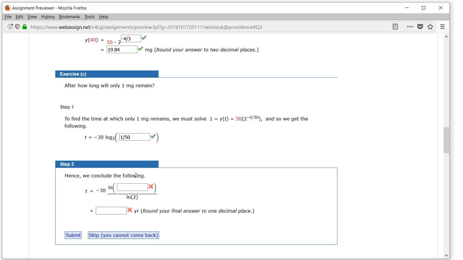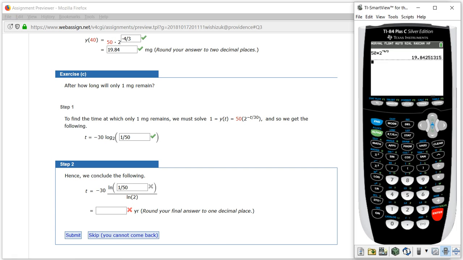In step 2, we just have to compute this. Actually, we're going back to natural log, 1 over 50, and then you have the natural log of 2 on the bottom. I'm going to bring out a calculator here and compute it.